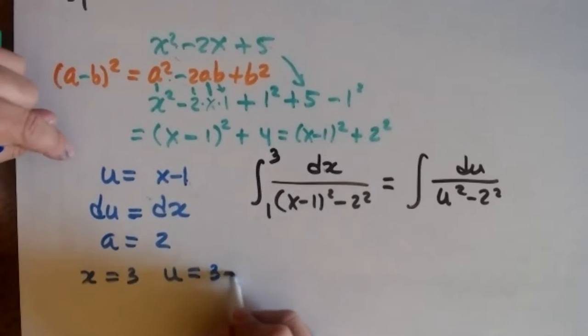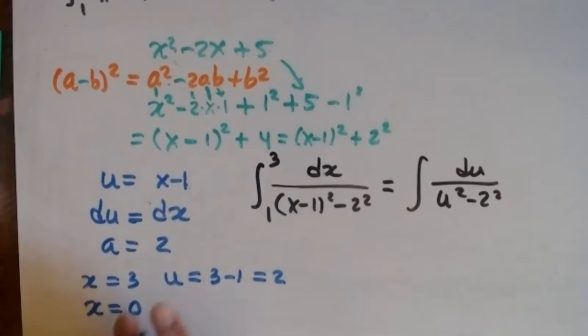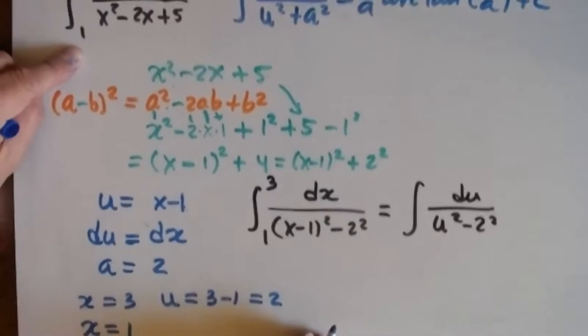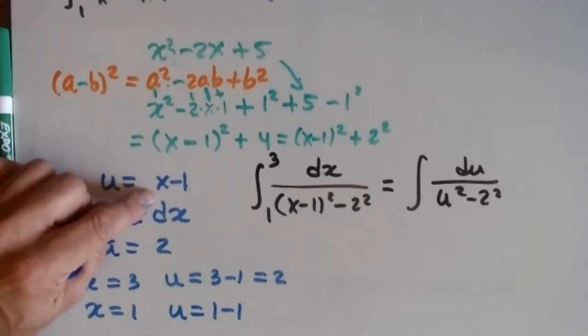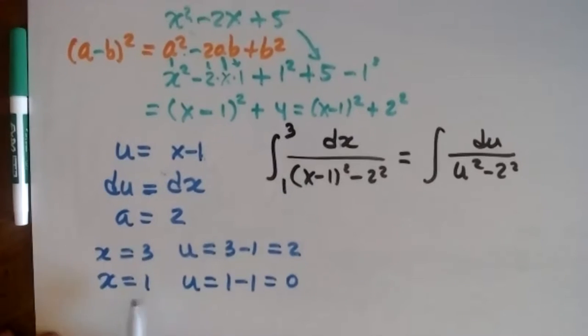So u is 2. When the x is 1, in the limit of integration, u is 1 minus 1 because u is x minus 1. So this is 0.